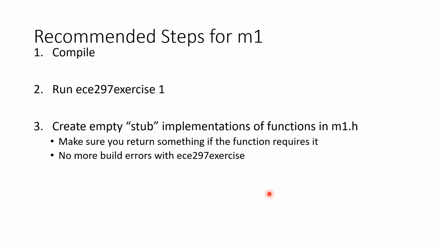So next step is to go into your C++ files and implement all of the functions in the m1.h header file, but without anything in them. So create empty functions for each, and make sure you pass the compiler by returning something.